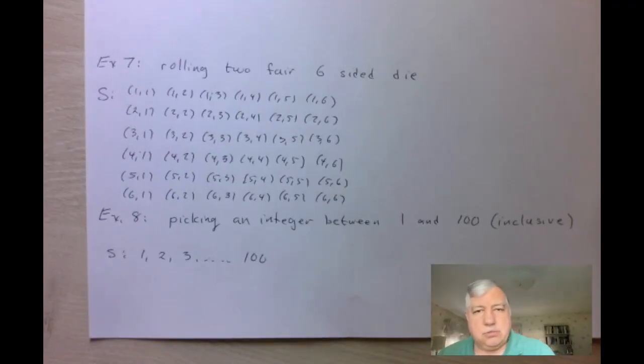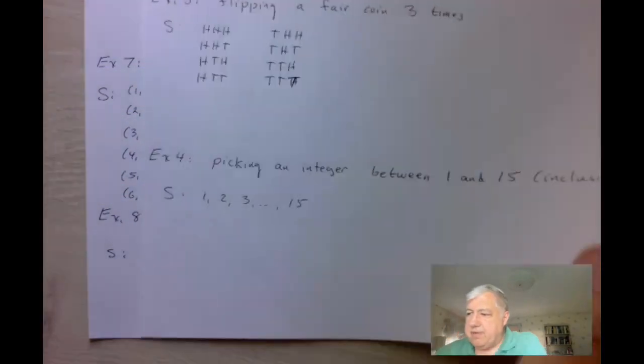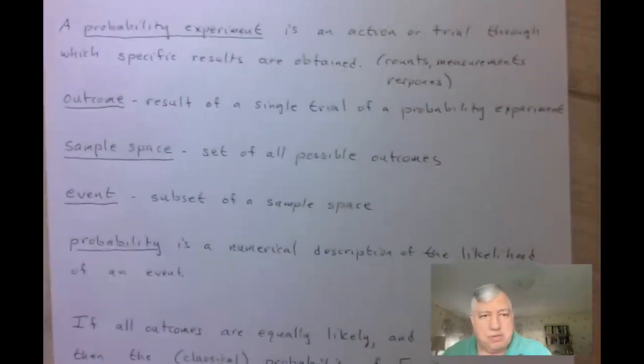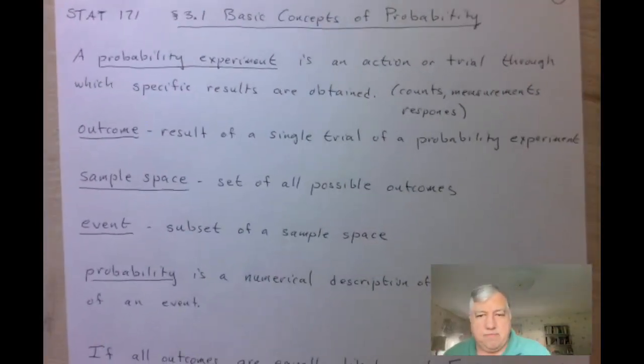All right. So that's the sample space, these outcomes. And now, what do we do with this? Well, what we really want to talk about is we want to calculate the probability or the likelihood of either an outcome or a subset of outcomes happening.